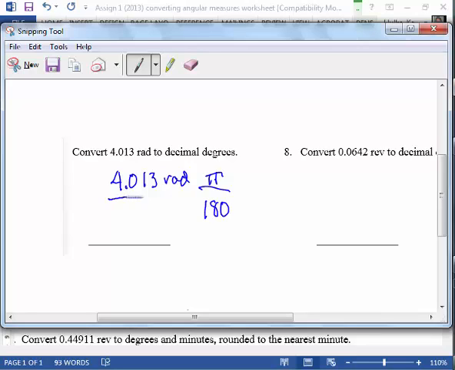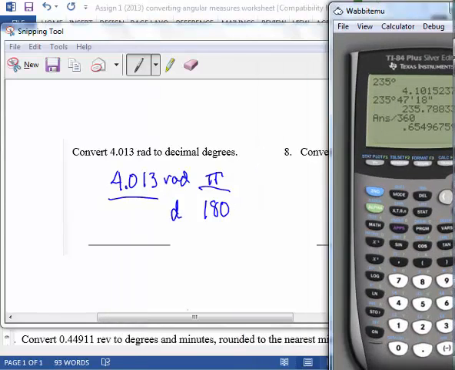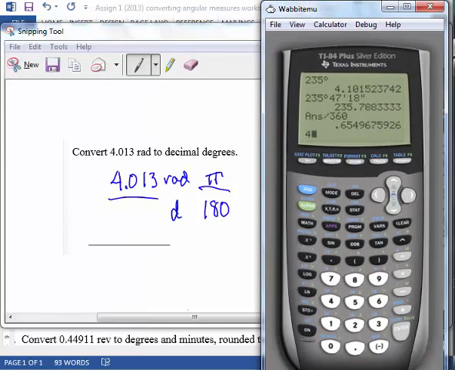Those two are equal. We want to know how many degrees that is. So we take 4.013 times 180 divided by pi is 229.9 degrees.